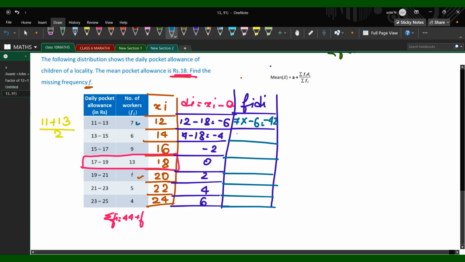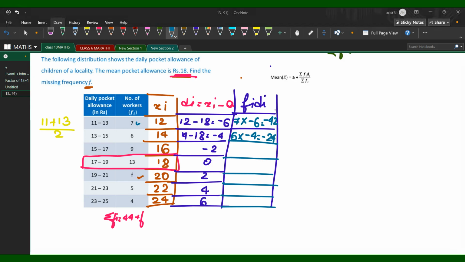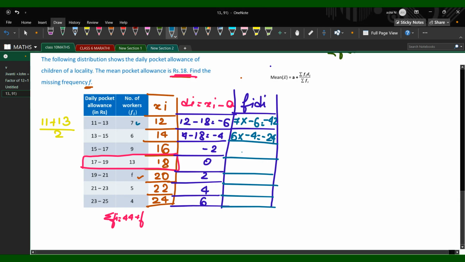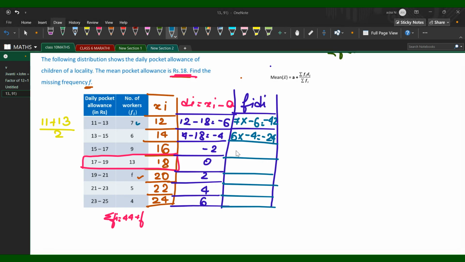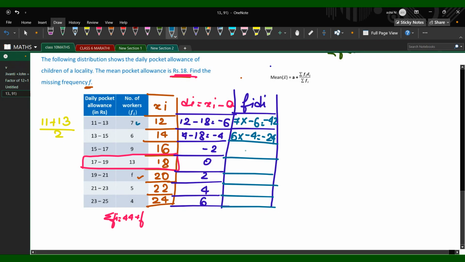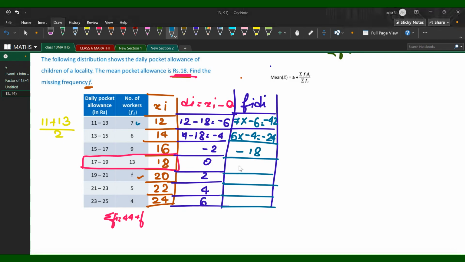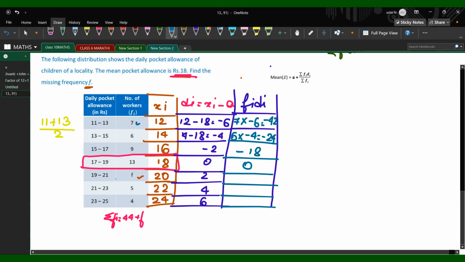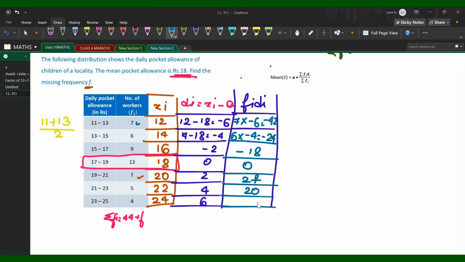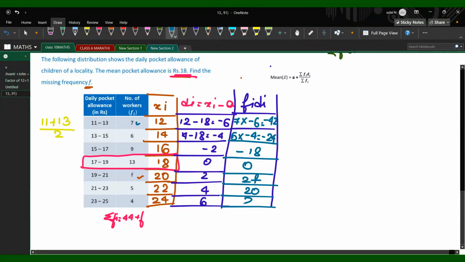Then we have to do 6 into minus 4, which is minus 24. Then 13 into 0 is 0. 9 into minus 2, which is 18, so it will become minus 18. Then 0. Then f into 2, that is 2f. We cannot solve it further. 5 fours are 20, and 4 sixes are 24.